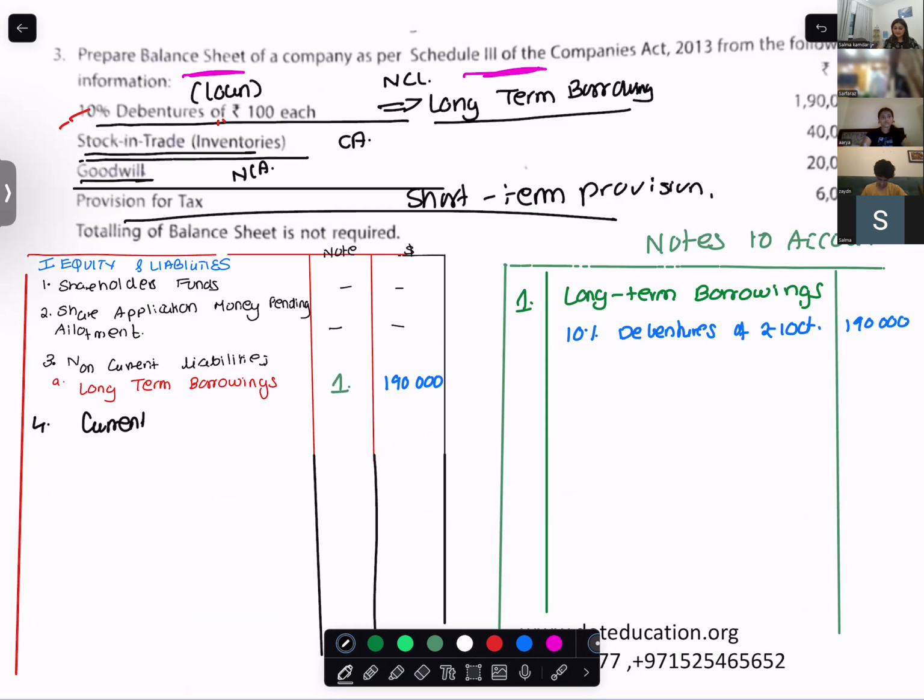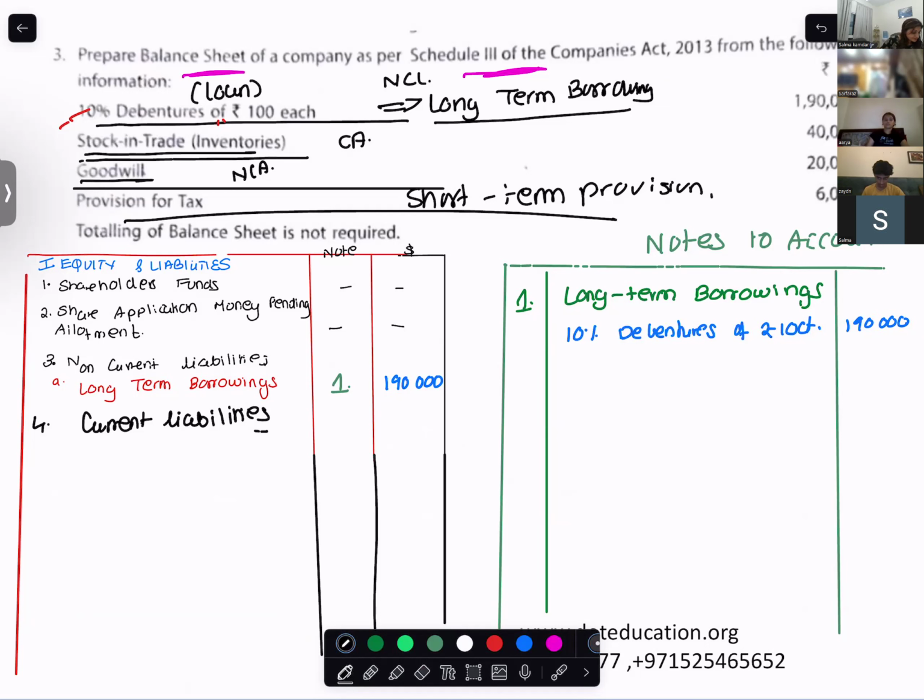Is that current liabilities or non-current liabilities? Miss, but then you've written CA. CA means current assets. It is not a current liability; it is current assets only.